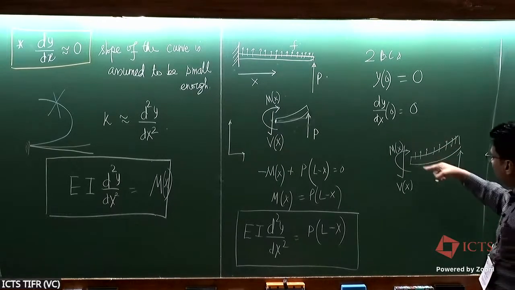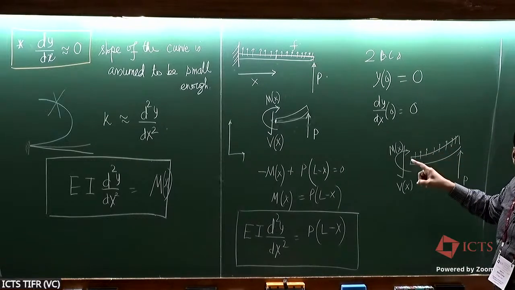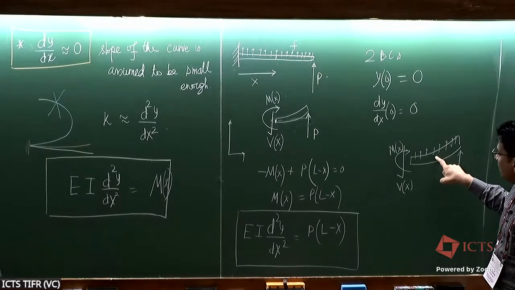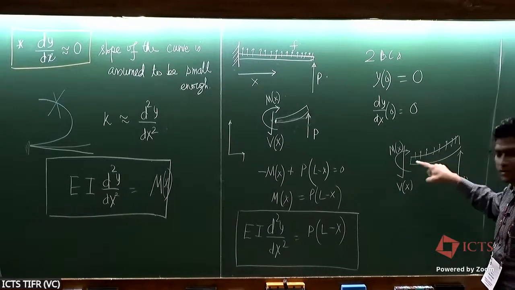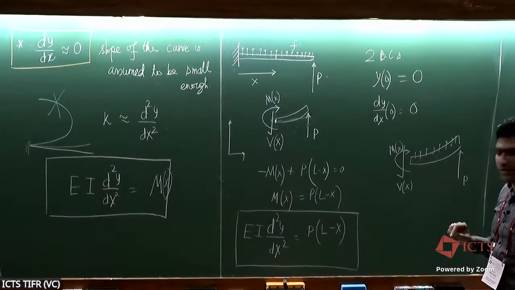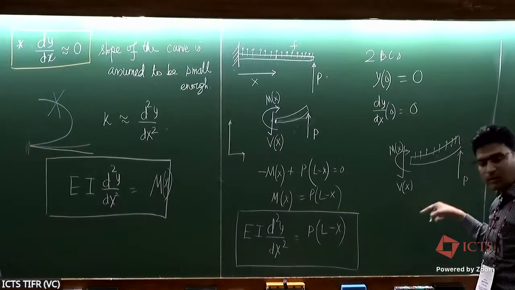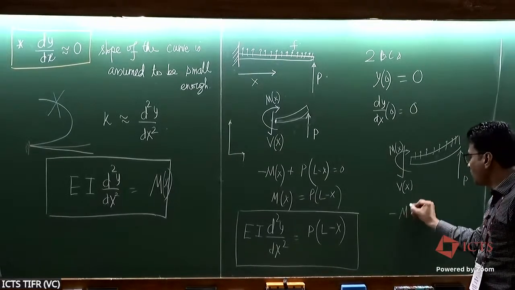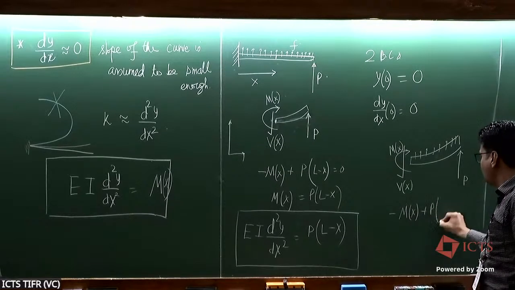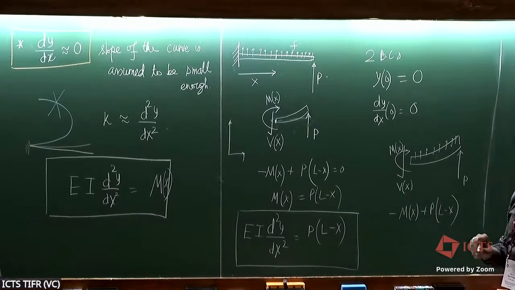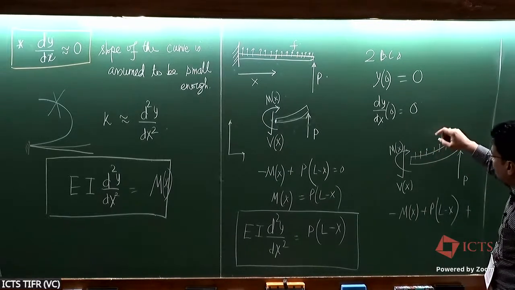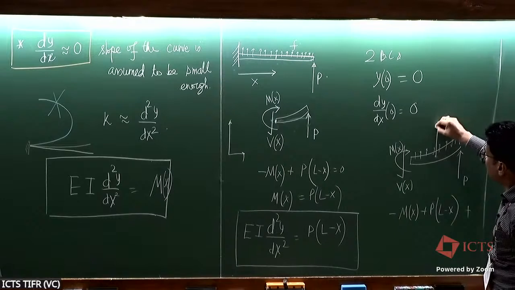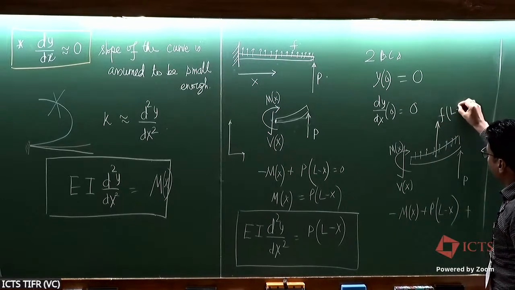And this load distribution, for the moment purpose, is statically equivalent to one single load acting at the center of this piece. So when you find the net moment balance, you have negative M of x plus P times L minus x, plus the statically equivalent force, F into L minus x.